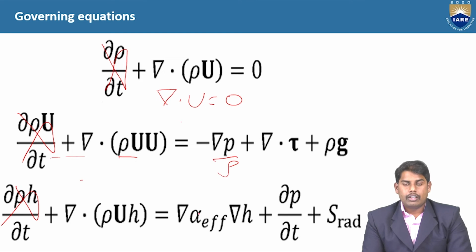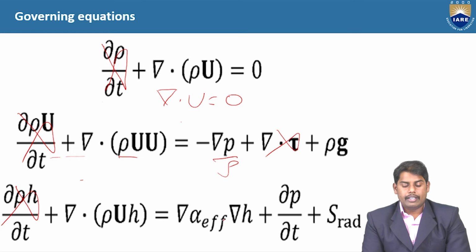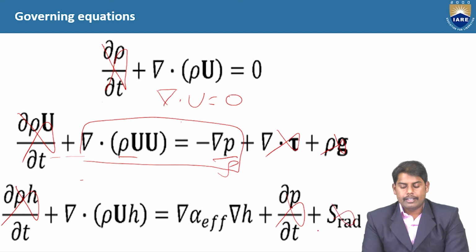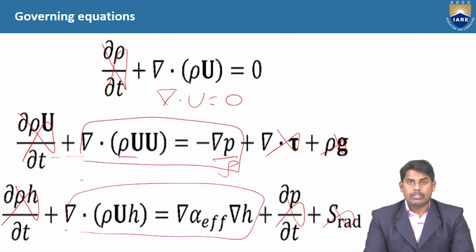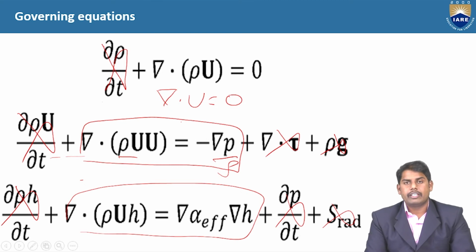If you take shear force negligible, this parameter will get cancelled, and if you take body force negligible, this parameter will get cancelled. So you have this simplified form of the equation here. If the radiation parameters are also negligible, then you have the simplified parameters. So instead of solving the full form of the equations, we take some assumptions and go for an approximate solution.